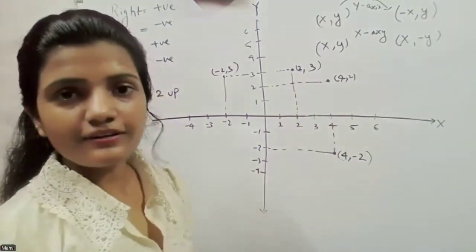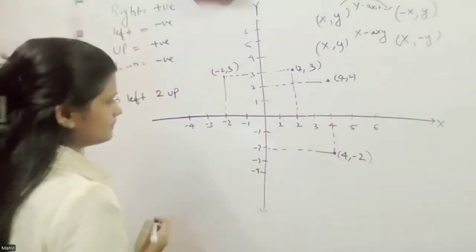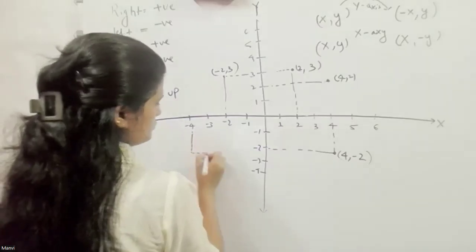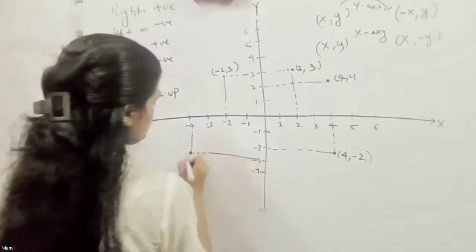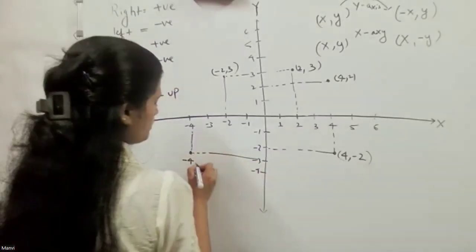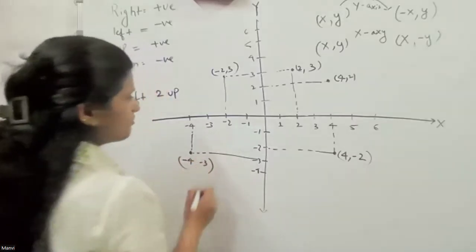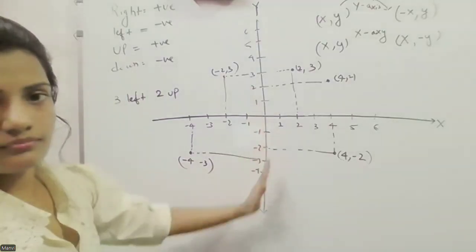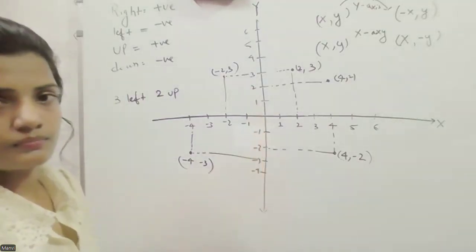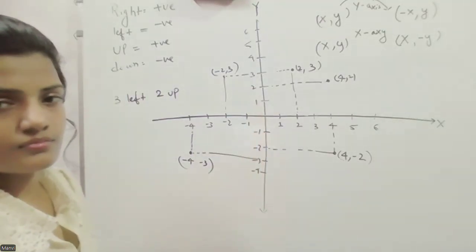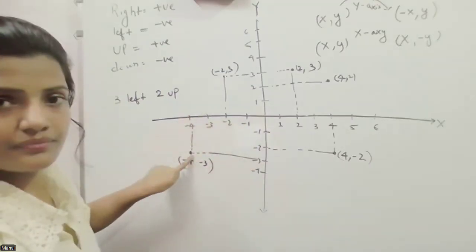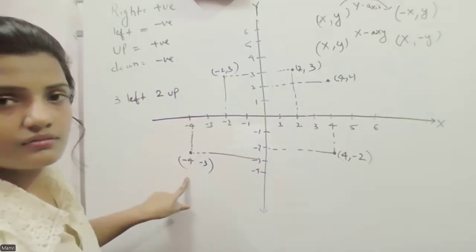Is it okay, Kavya? So tell me the reflected point of this. Minus 4, minus 3 is reflected in the y-axis. Wait, I thought minus 4, minus 3.